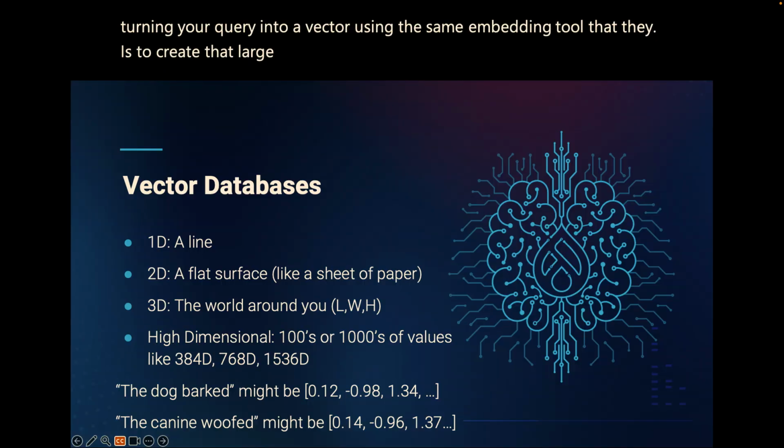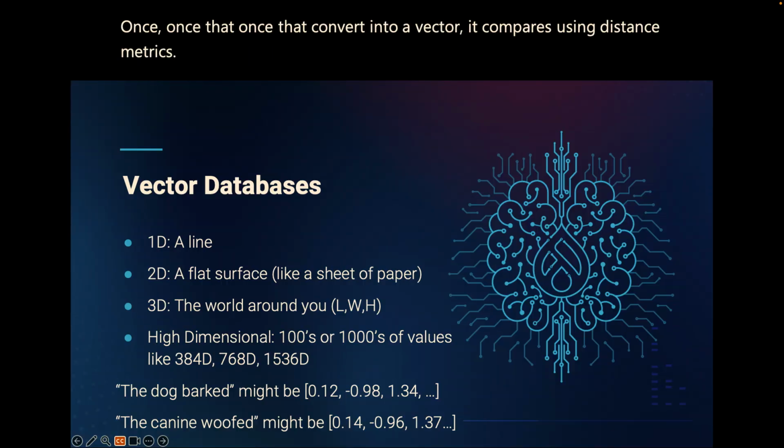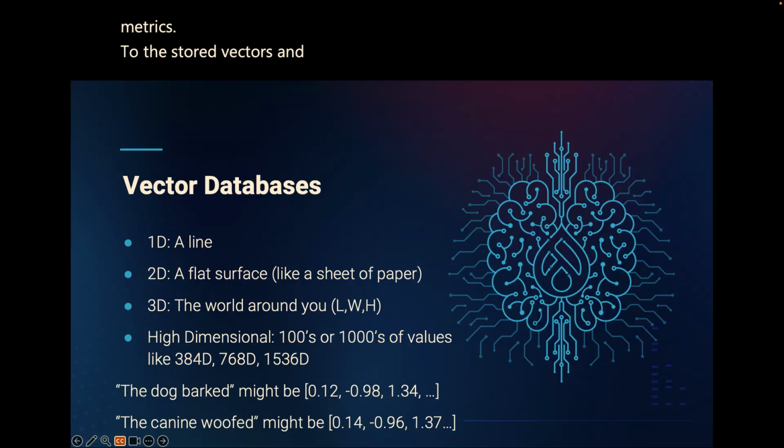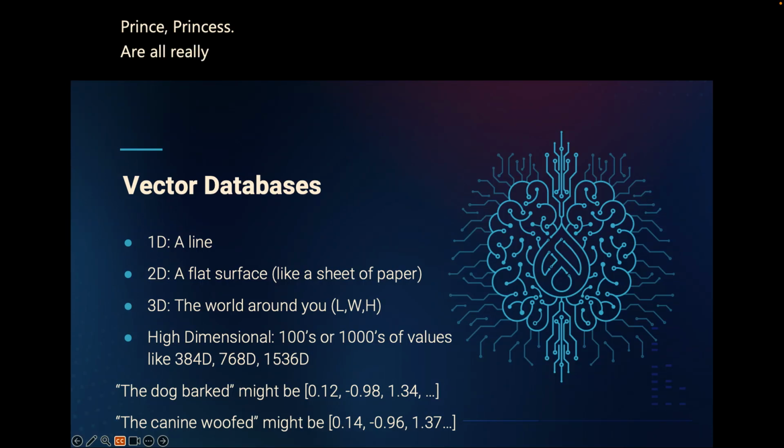Once that's converted into a vector, it compares using distance metrics to the stored vectors and looks for similarities. For example, king, queen, prince, princess are all really similar concepts, and they're close in distance to one another.